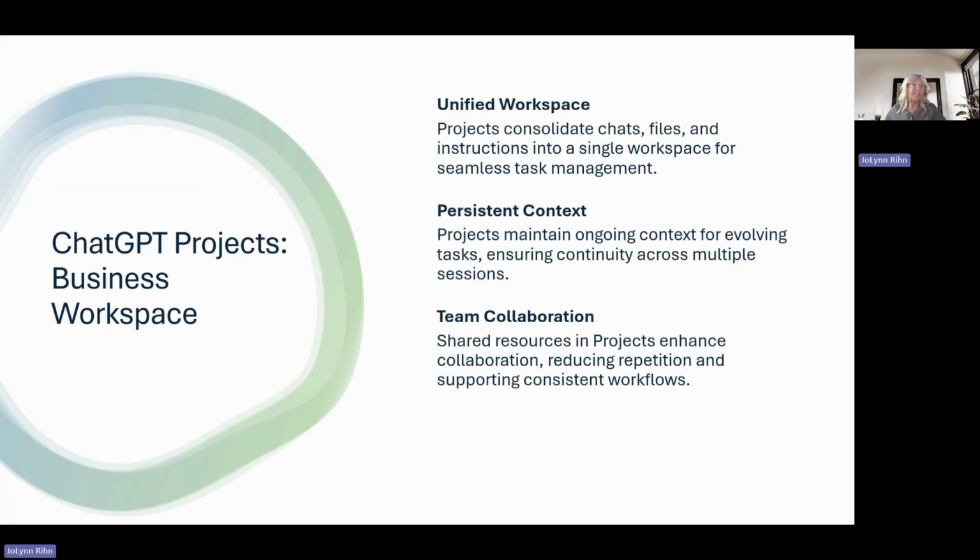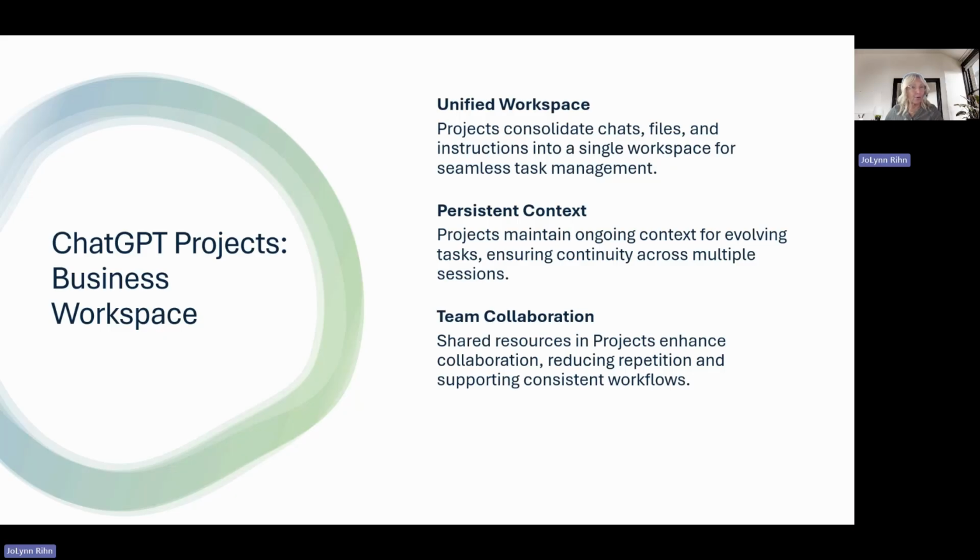So ChatGPT projects are going to provide a dedicated space where we can chat. We can have shared files, and we're going to give it instructions so that together we can have ongoing work that is more consistent. It is designed for tasks that evolve over time, require persistent content, and is beneficial for sharing resources.